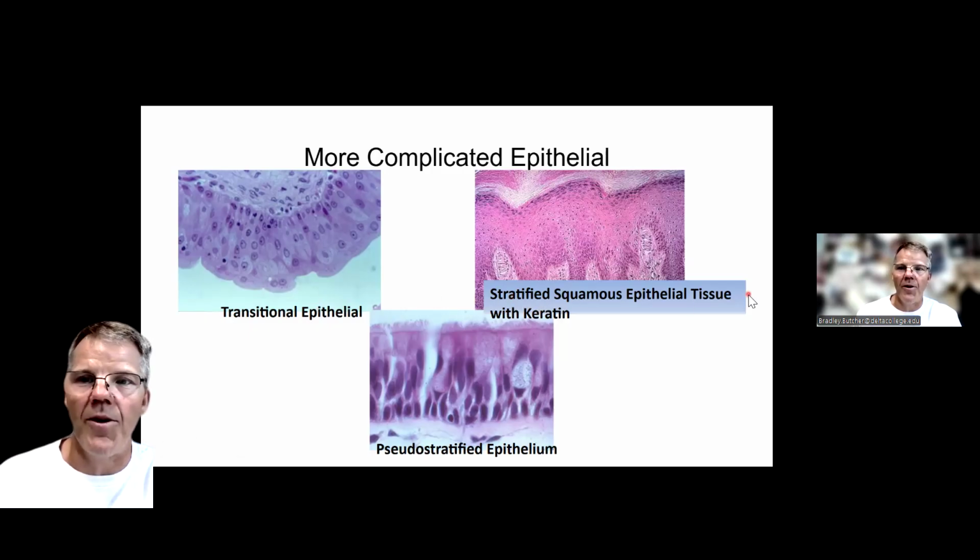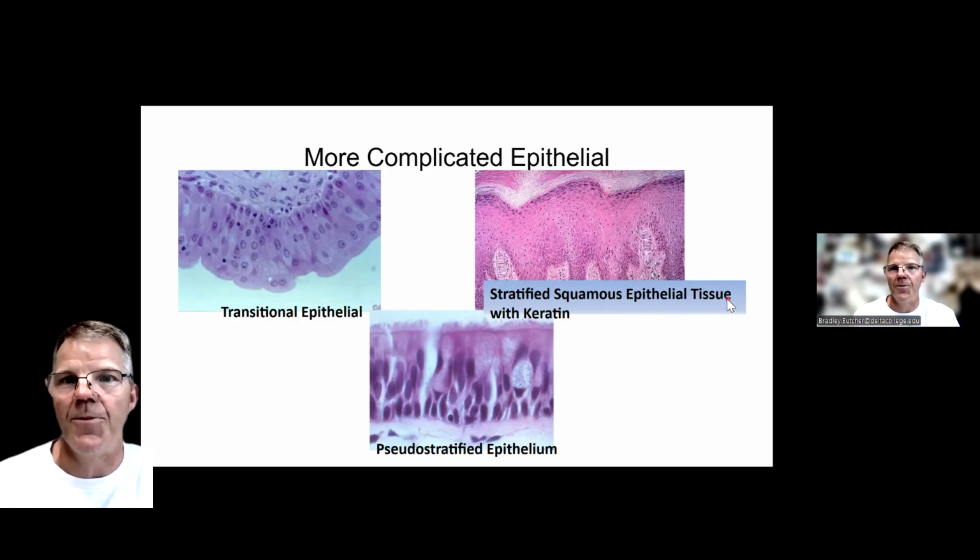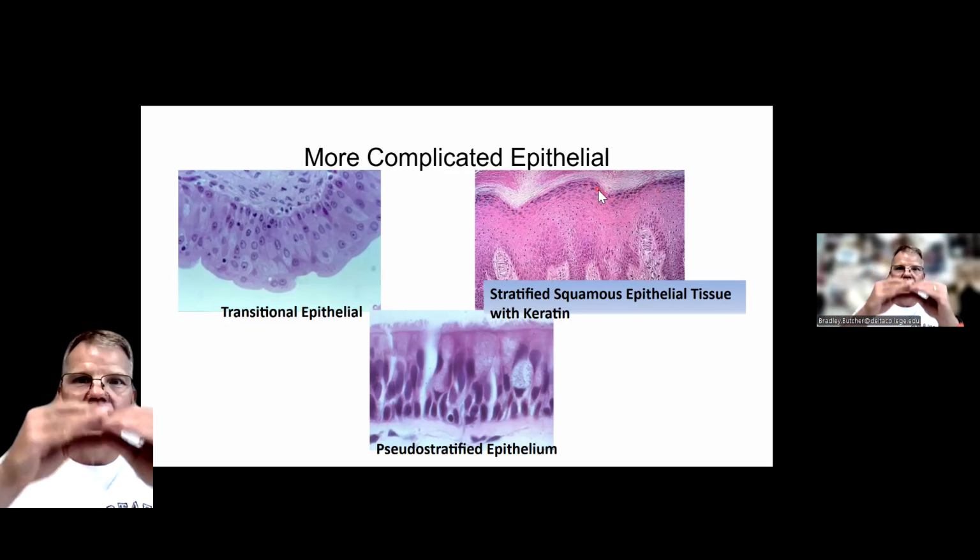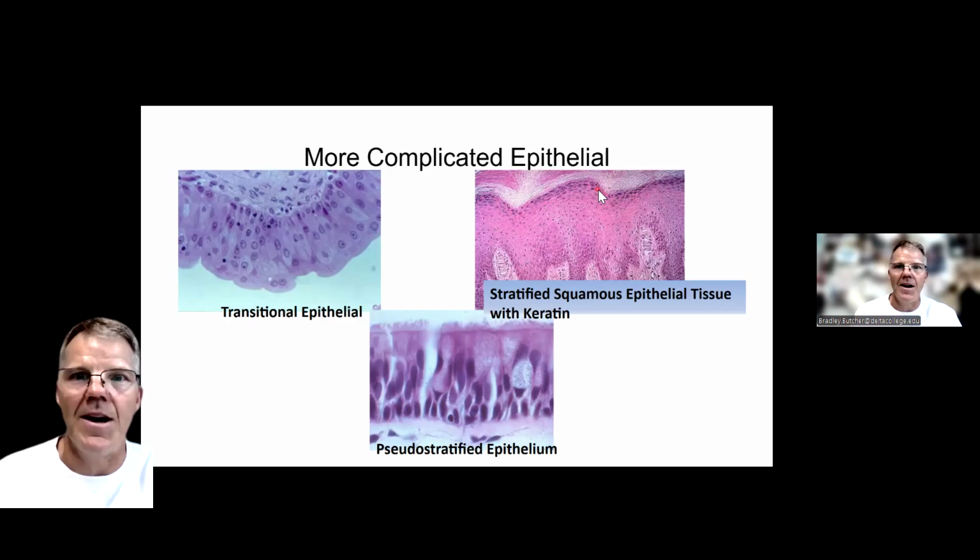This one is a mouthful: stratified squamous epithelial tissue with keratin, or sometimes it's called keratinized stratified squamous epithelial tissue. If you look here, it's definitely stratified. You see many layers of nuclei. If you look right along here, you should see lots and lots of those squished nuclei in many layers.